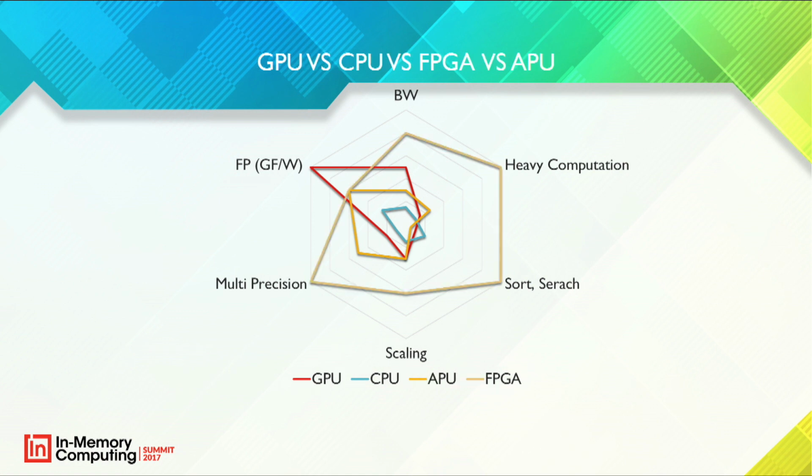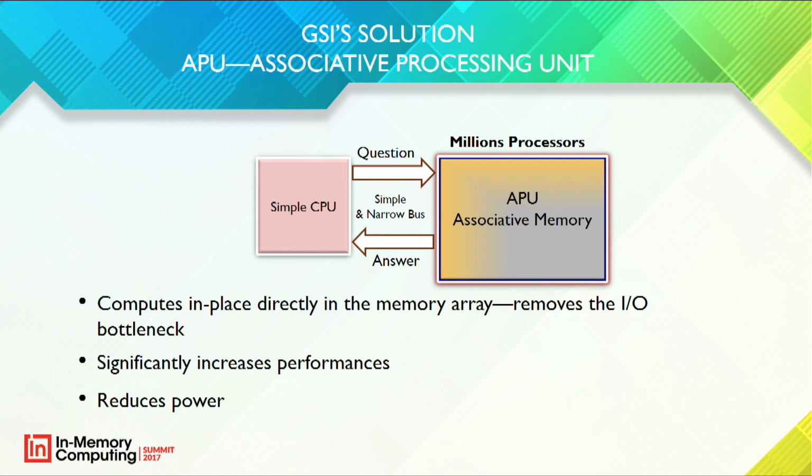What I'm going to show you today is how associative processing can improve on this. We cannot compete with the GPU for floating point: in a single memory chip we can do 2 teraflops compared to tens of teraflops. But we significantly increase scalability, searching capability, and heavy computational multi-precision.